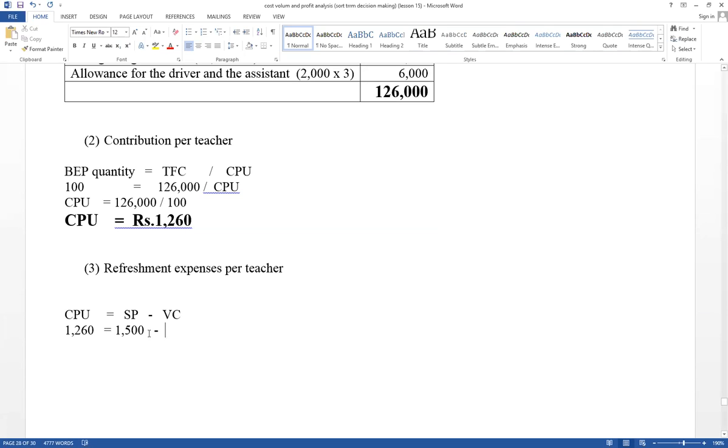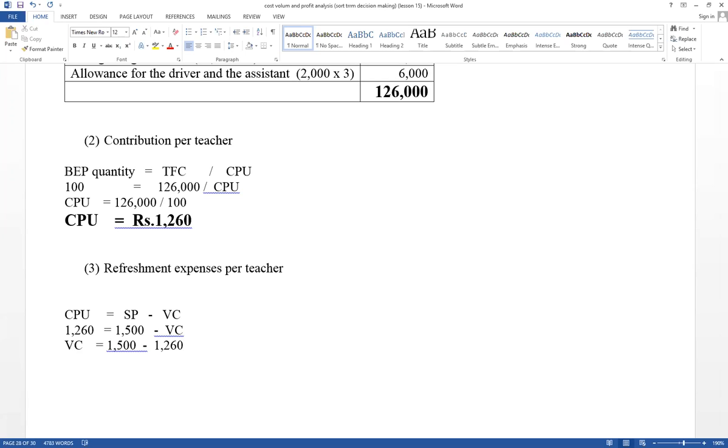And they ask for the variable cost. Take this one to the other side and this one to this side, so the minus value became plus. Variable cost equals 1,500 minus 1,260.